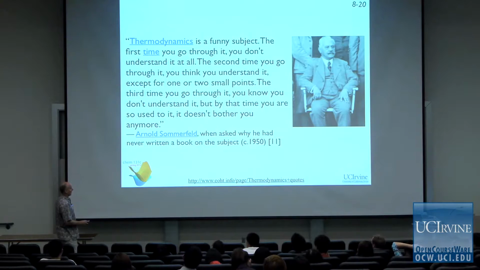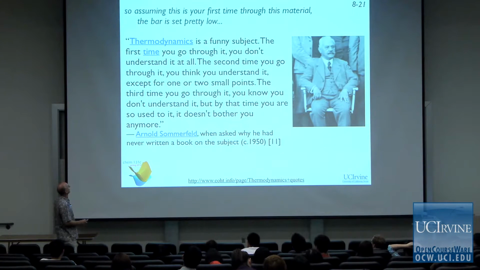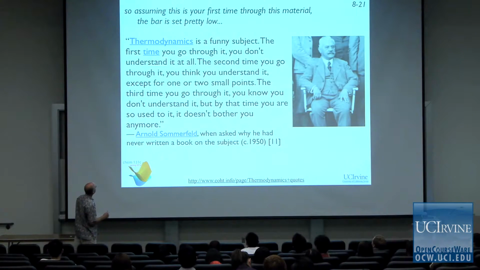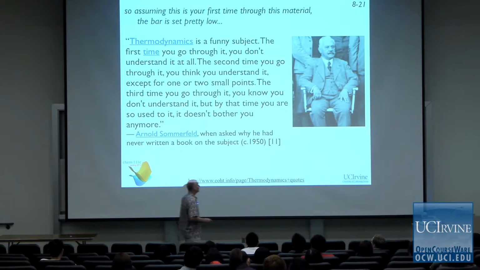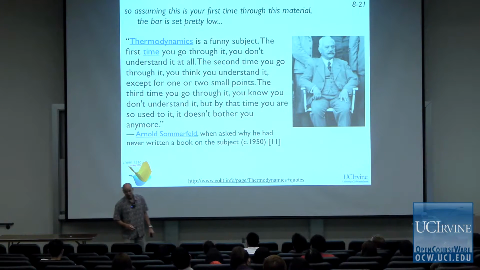Wikipedia could be wrong on that point. Assuming this is your first time through this material, the bar is set low; you don't understand it, and that doesn't make you any different than this very famous guy. I personally have had tremendous difficulty with this material over time. Maybe that's why I'm a good person to teach this to you, because I appreciate how difficult thermodynamics is. It's not an easy subject.